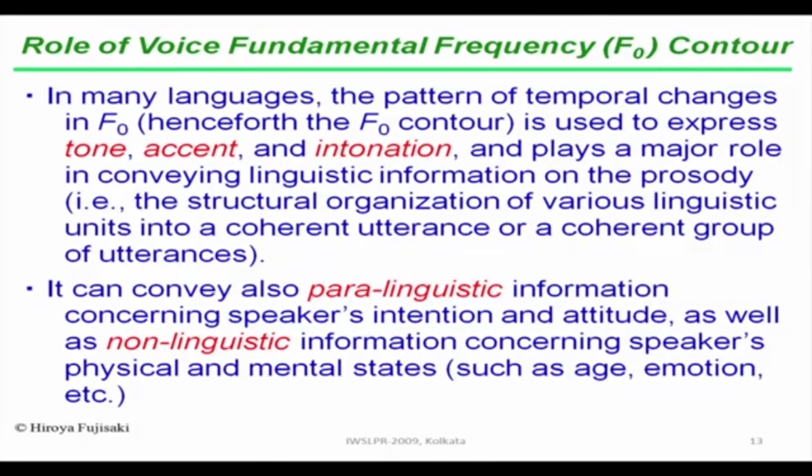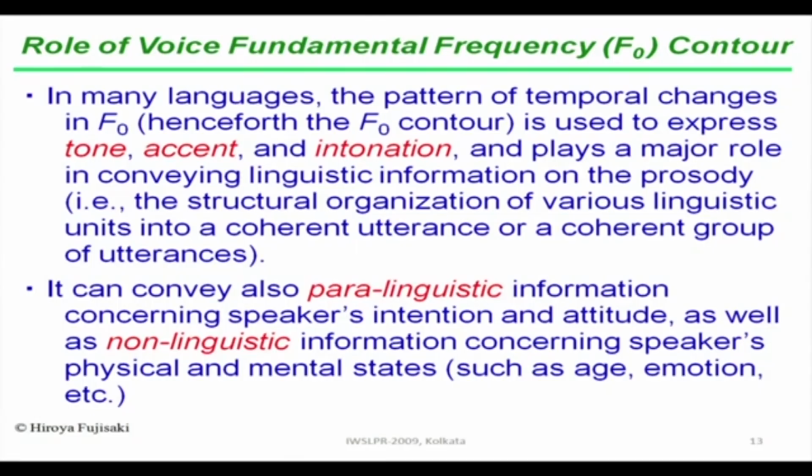If it is a male speaker, the average F0 does not go above 180 hertz, but if it is a female speaker, it starts from 200 hertz and can go up to 300 hertz. If it is child speech, it can start at 250 hertz and go to 350 hertz. So, age, all kinds of non-linguistic and paralinguistic information are carried by F0.